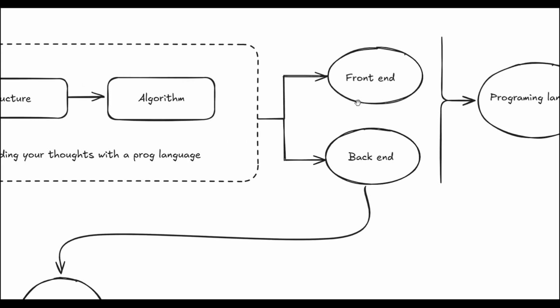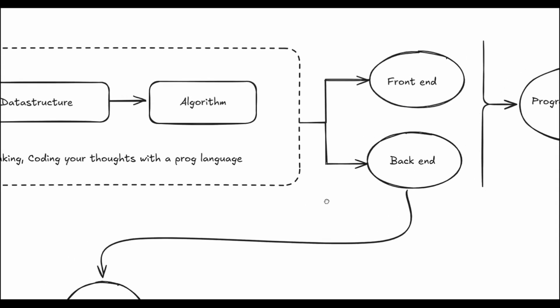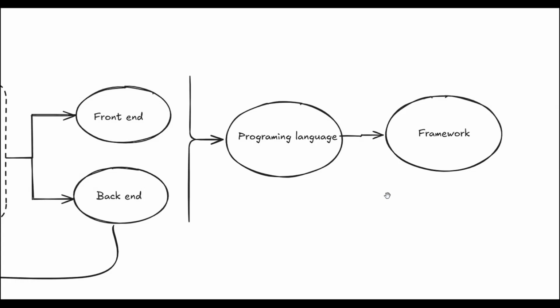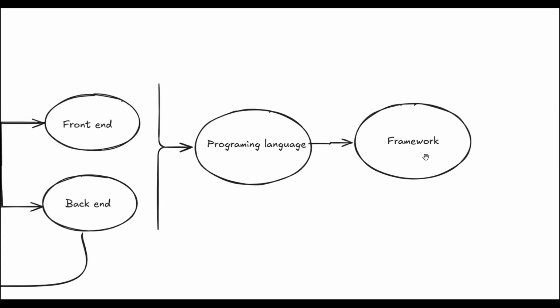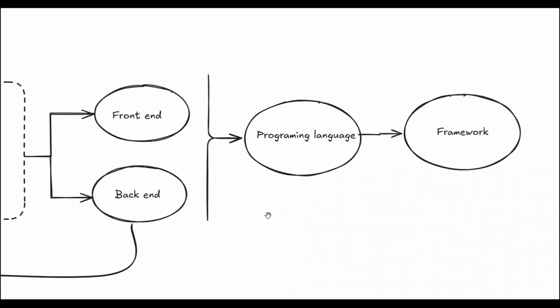Front end is anything the user is interacting with, and back end is everything behind the scenes. So from this point, you will be moving to learn about frameworks, which are like a guided way or an umbrella that has libraries and tools built on top of a programming language, and they will be very useful to accelerate the process of coding.